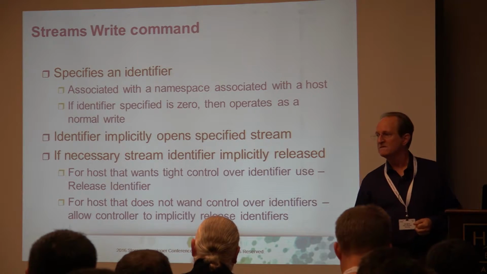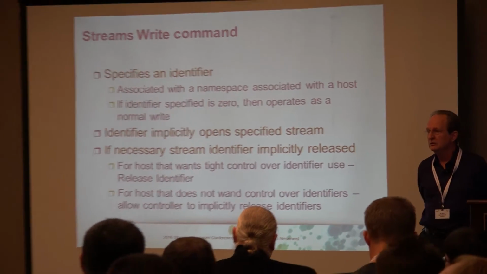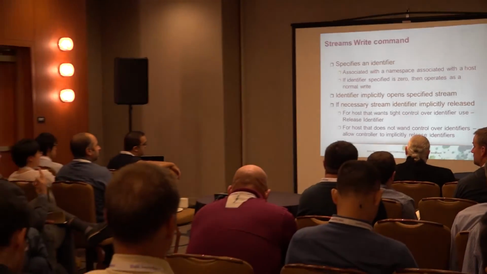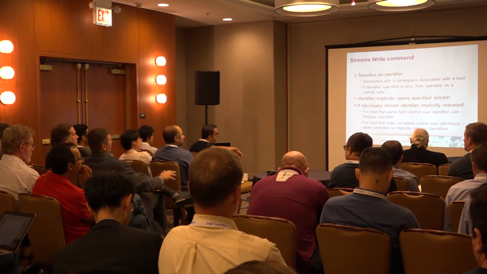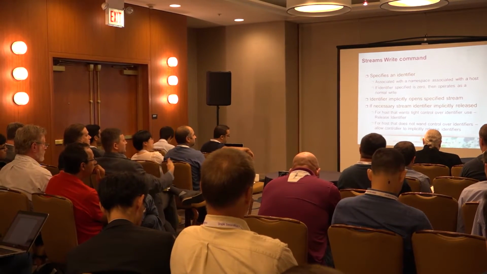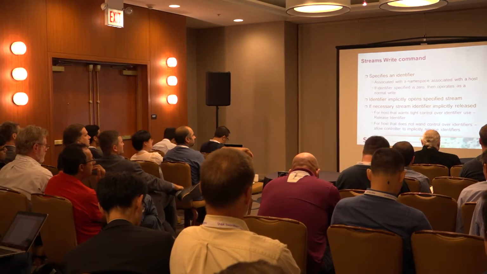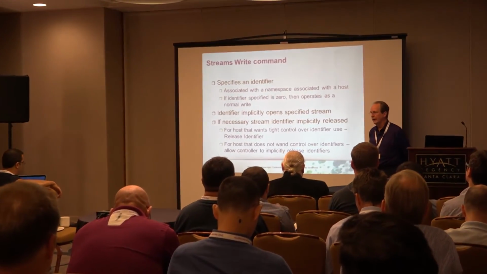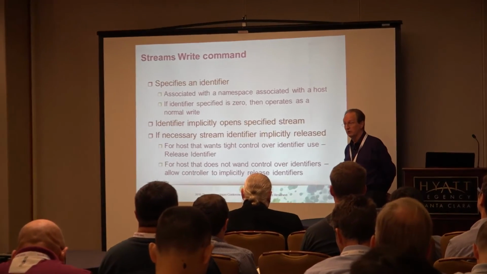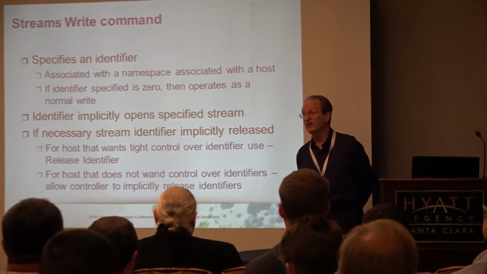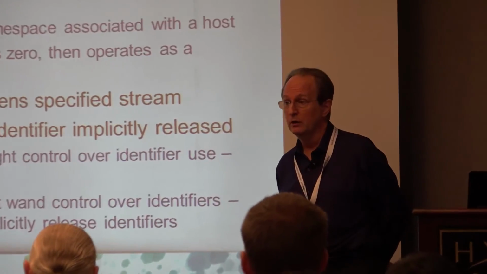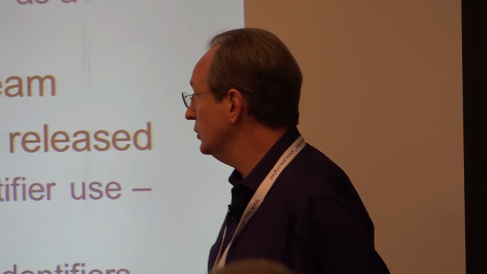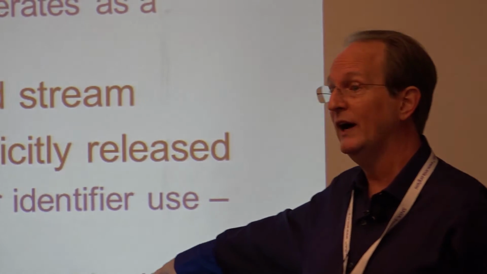Yes? So is this at one end transparent to the OS, or it could drive up the stack to a database and saying, I want this identifier and everything handled this way? Who's brokering the identifiers? So it really depends on what you're looking at. If you're looking at a storage subsystem, these identifiers are probably brokered inside that subsystem. If you go to the very highest level, the identifiers could actually be a Linux file handle.